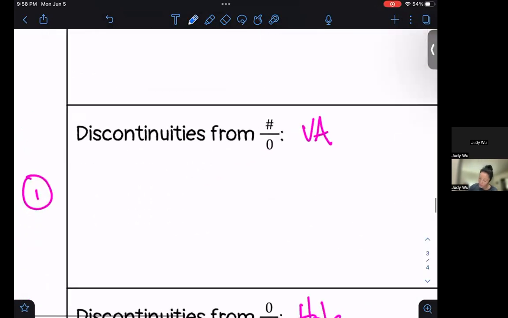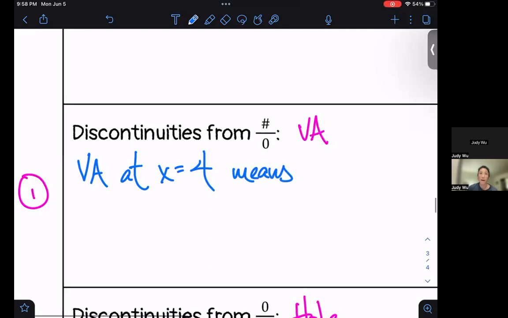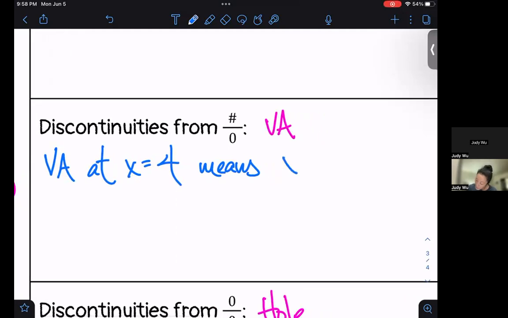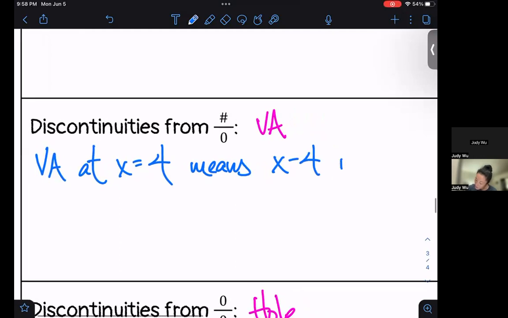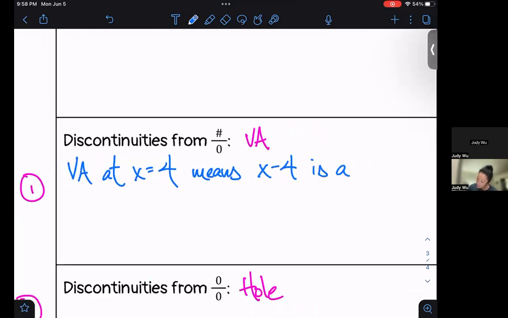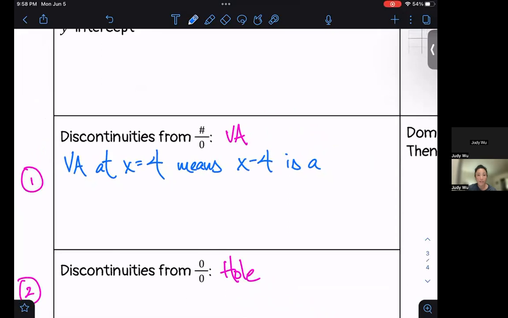So let's go to our discontinuities. So a vertical asymptote at x equals 4 means the following. It means that x minus 4 is a factor in the denominator, right?